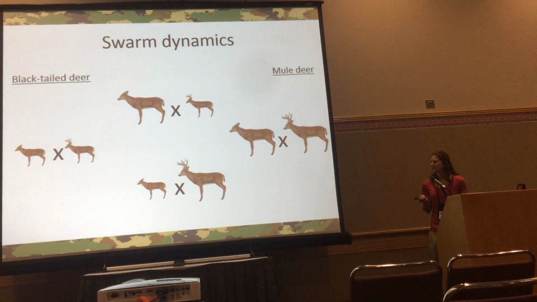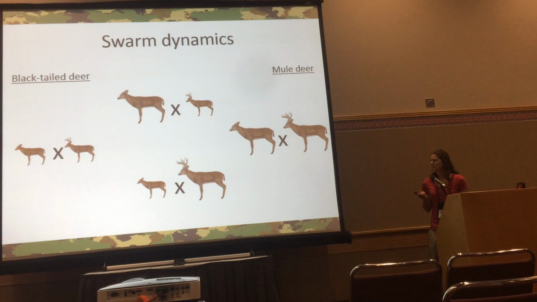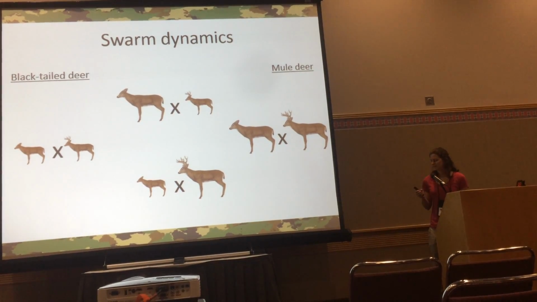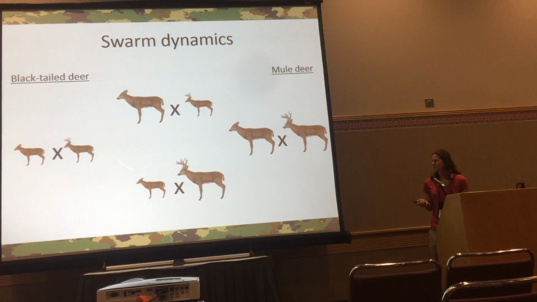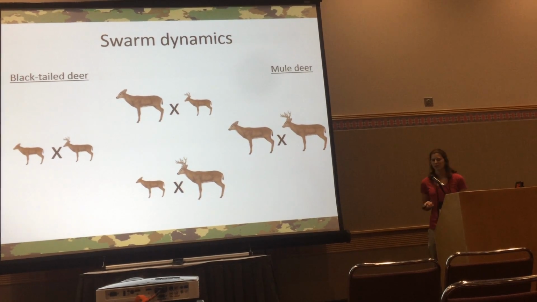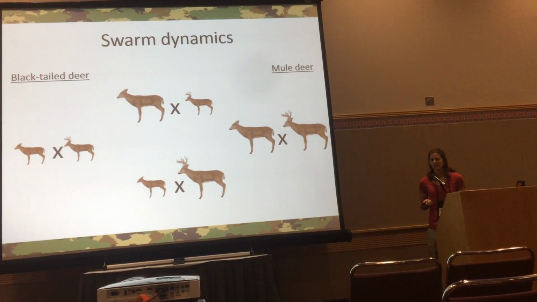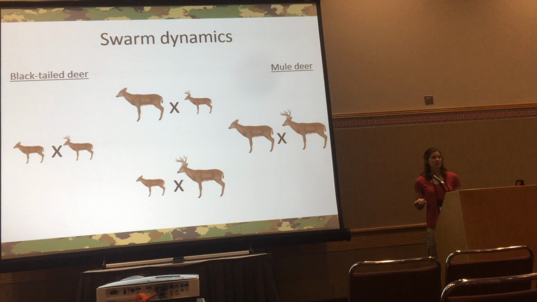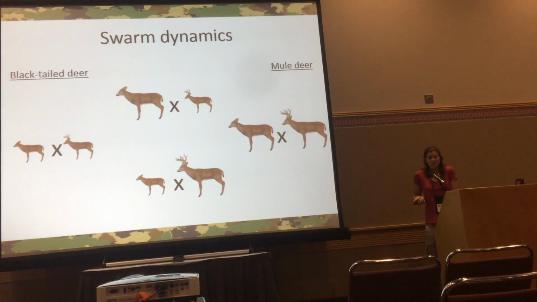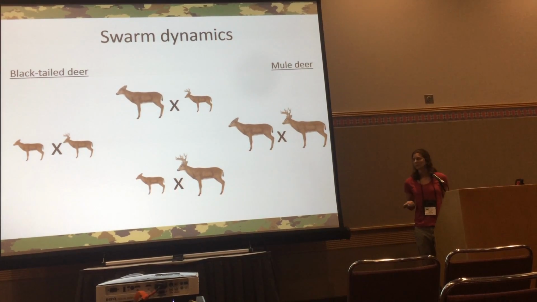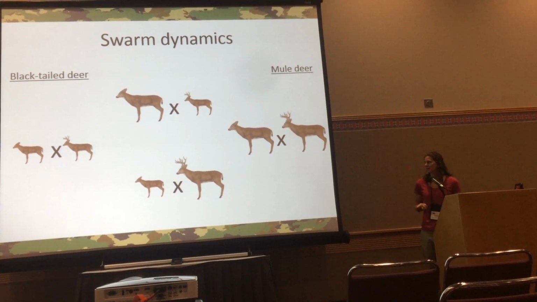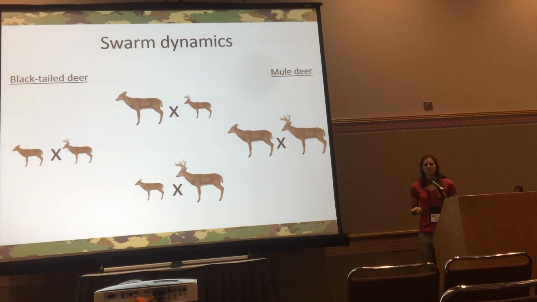So what's really perplexing for me is, if we had both of these groups of hybrid crosses happening, is there any reproductive isolation? Maybe there just isn't. And that would kind of make sense because deer are mobile.